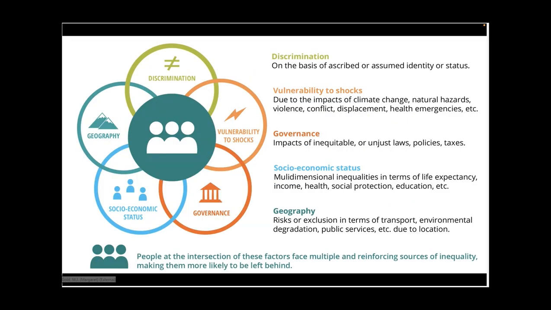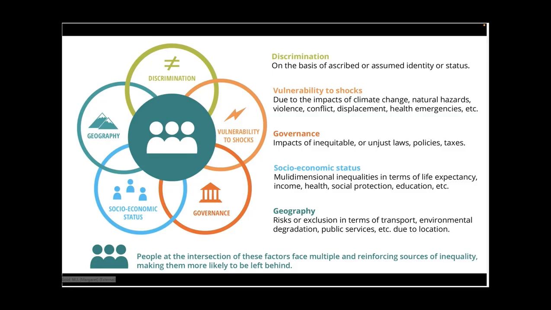So one of the interesting pieces of work that's been done by the UNDP is on understanding what are the factors that lead to people being left behind. And they've described 5 key factors. So discrimination, vulnerability to shocks, governance, socioeconomic status, and geography. So there's quite a lot of interface between these.